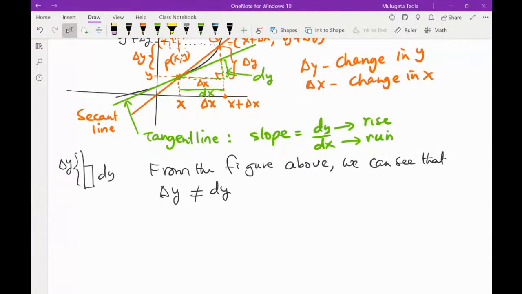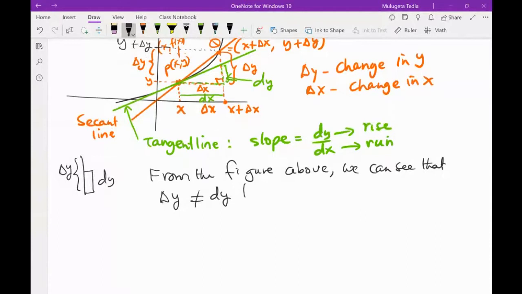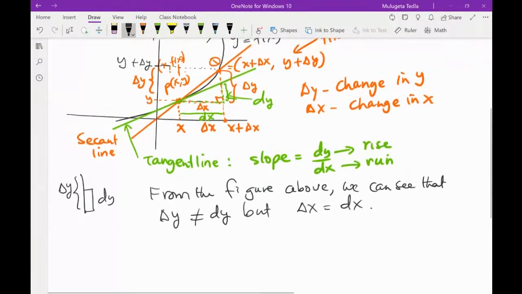Now, delta x and dx are the same because they are the run on the x-axis. The change in x and dx are the same. Delta x equals dx. Okay, that's all.